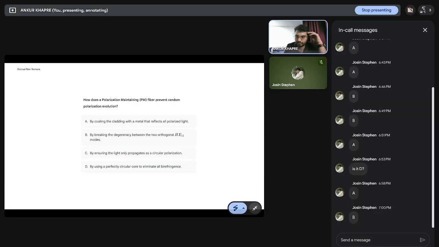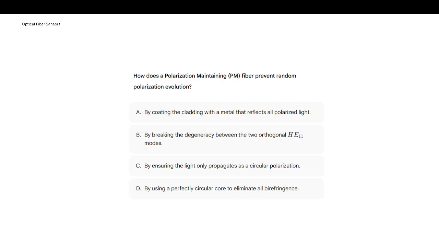Option B. That's true. By breaking the degeneracy between the two orthogonal HE11 modes. And why is it so? Because it will introduce a stress element, and that stress element will generate the phase modulation in the fiber.